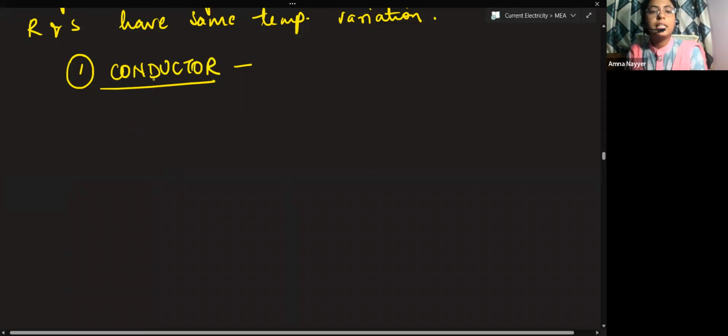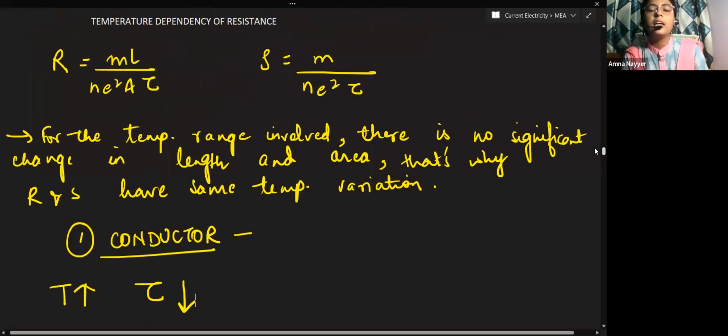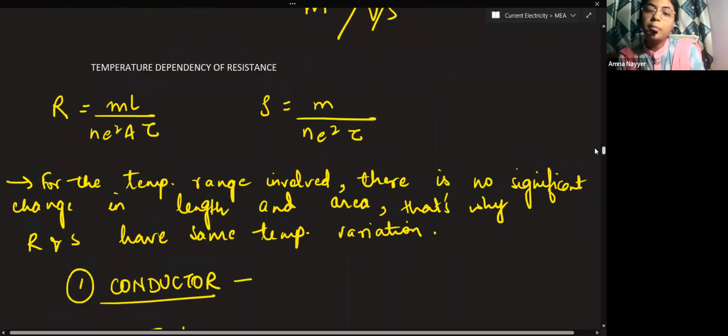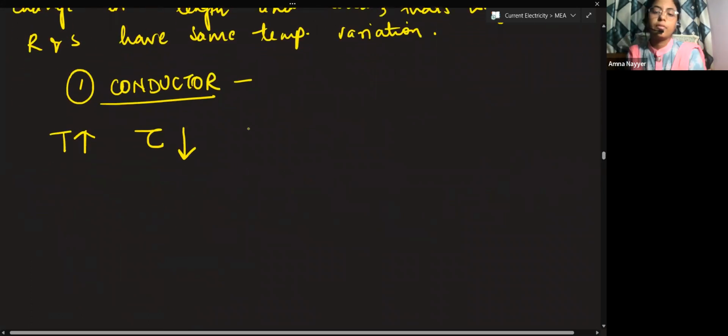So firstly, if the temperature increases, then relaxation time actually gets decreased. And if the relaxation time gets decreased, if you see both the formulas that we have, resistivity or resistance is inversely proportional to relaxation time, so both of them will increase.